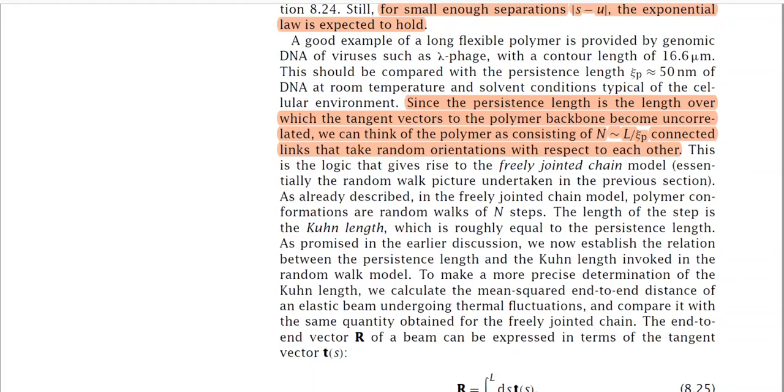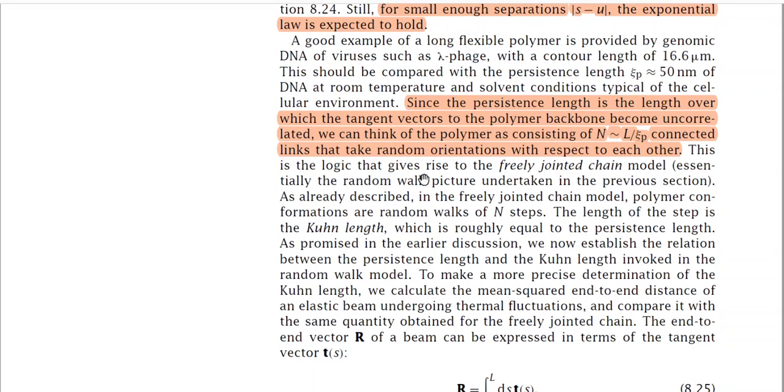If we consider the total length of the polymer L, and divide the polymer into a series of segments, each having the persistence length epsilon p, then L by epsilon p will be N. So there will be N number of segments, and these N segments can take random orientation with respect to each other.